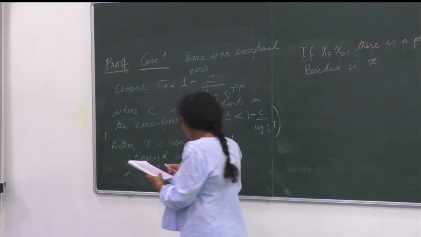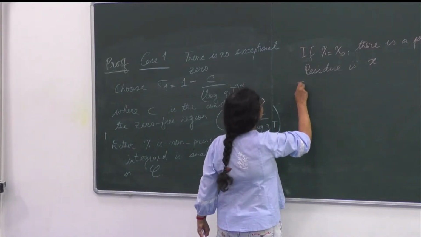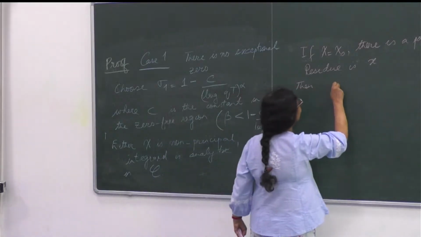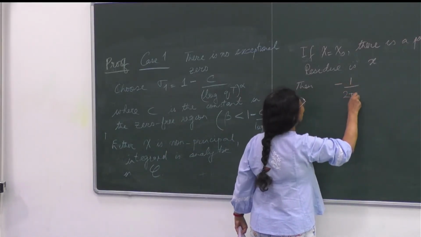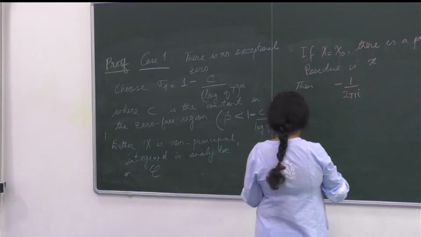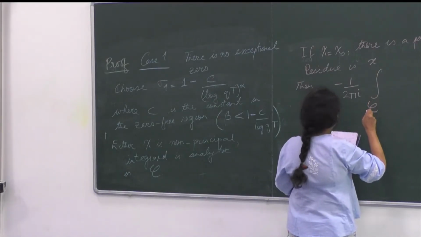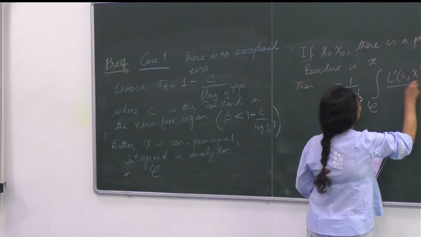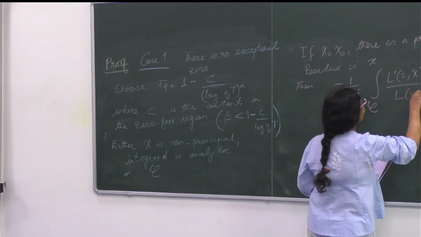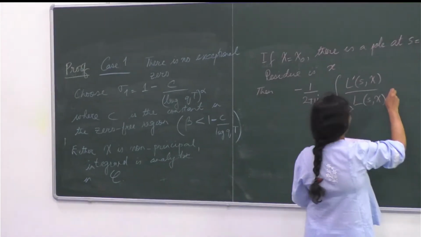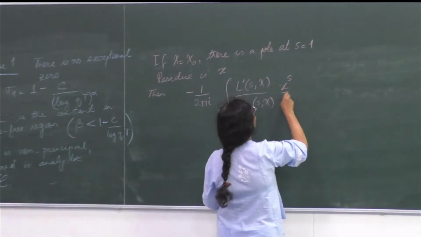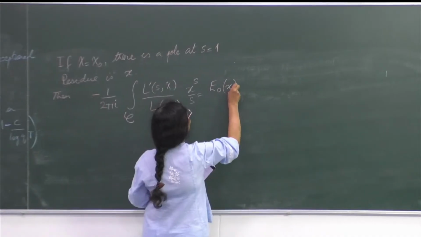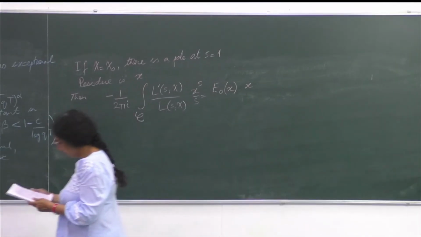Then, minus 1 by 2 pi i times the integral over C of L prime s chi over L s chi, x bar s by s, is now equal to E0 x.